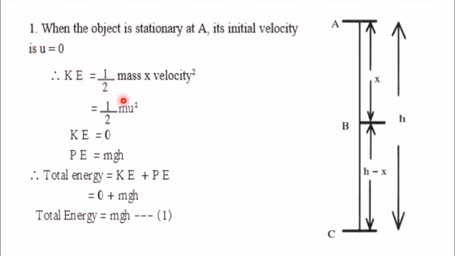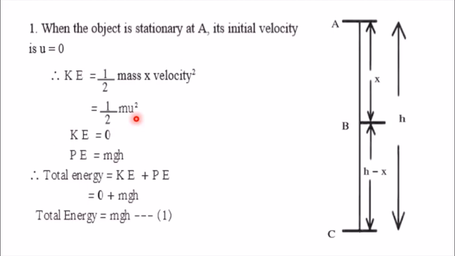Kinetic energy is equal to half mass into velocity square, that is half mv square. But as it has not yet started to fall, it is the initial velocity, so we take u instead of v. So it is equal to half mu square.